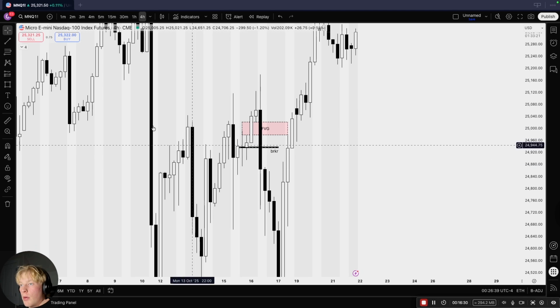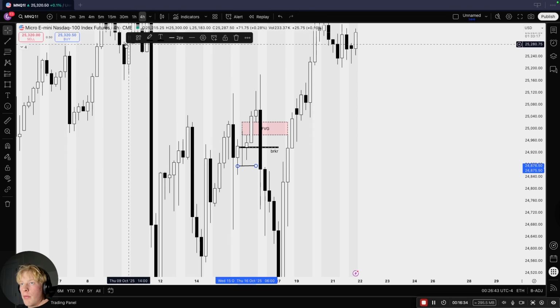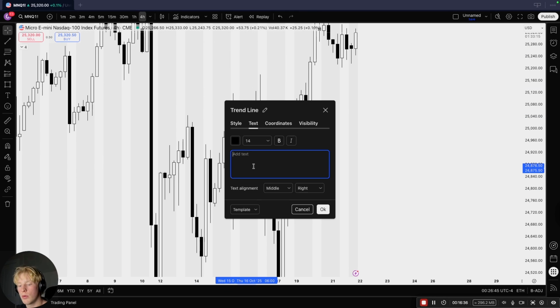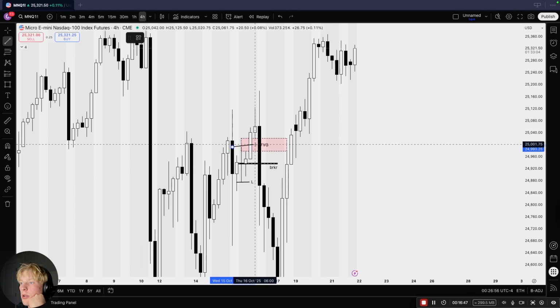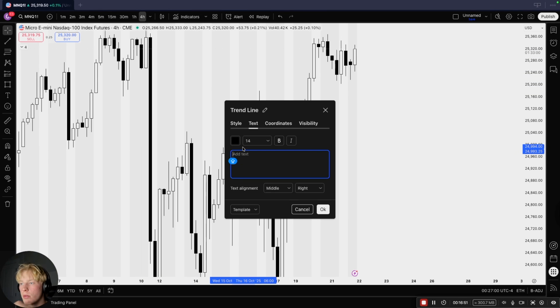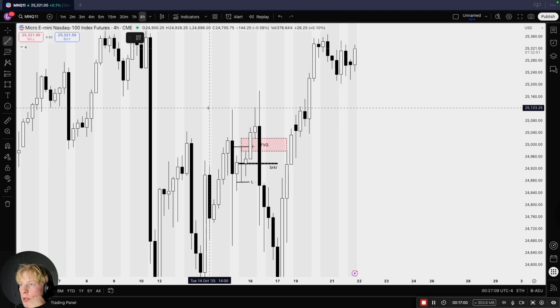We have a low here that gets created with a down and then an up candle, and we have a high that's prior to that with an up candle and then a down candle. This here being our high. Okay, so boom, we have a low and then a high, and then what do we have? A higher high, which is also a liquidity sweep.